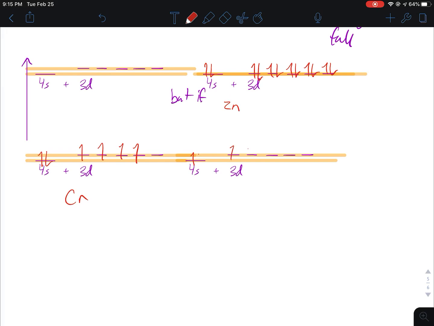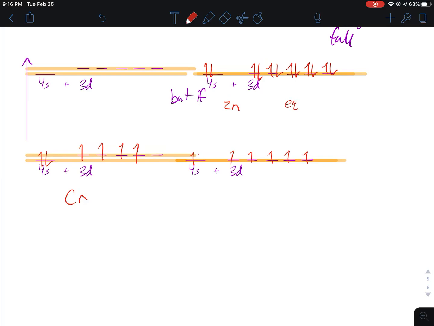Well, if you had this same setup, but you were able to move one of those electrons up, you might do that kind of thing. And now all of the electrons are equal. It's actually now kind of almost like 4s and 3d are the same orbital. And I don't know if the energies are exactly the same, but you do get that drop by having that half filled, right?